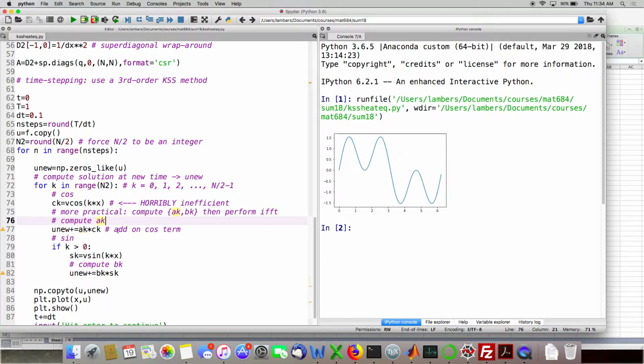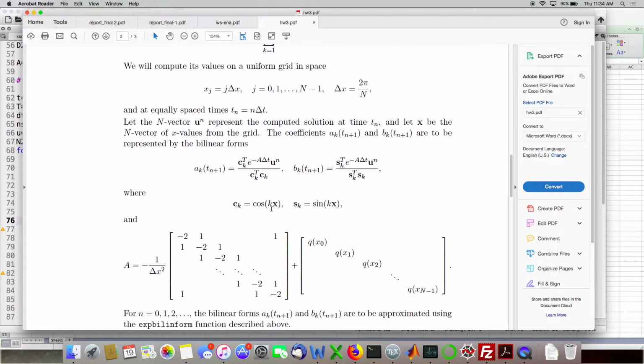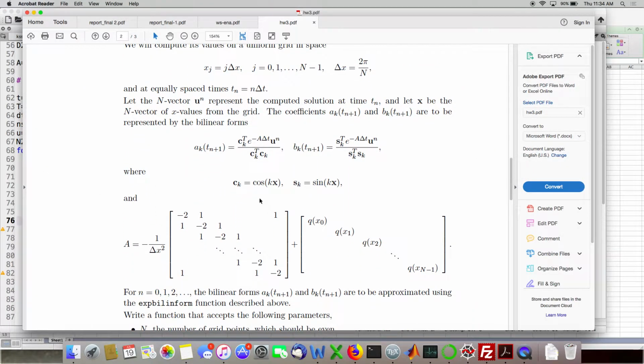Okay, so how to compute these coefficients. That is described over here. Now, here are the formulas for AK and BK. But I want to take a little time. It's not really worked out in here why these formulas are the correct ones.